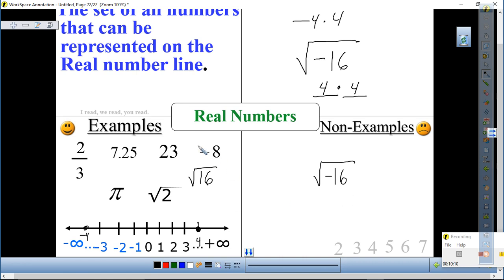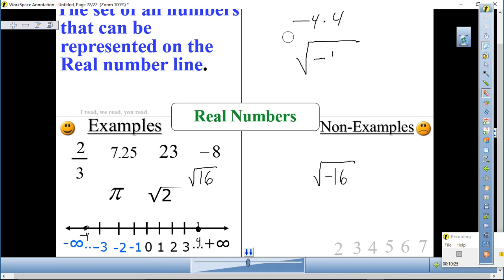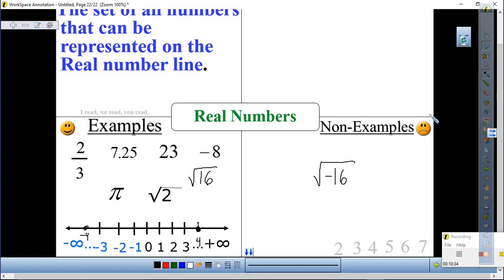So, if these are real numbers, what do we call this one? What shall we call that one? Tell your neighbor, let's come up with a name. Emily, what would we call these if these are not real?